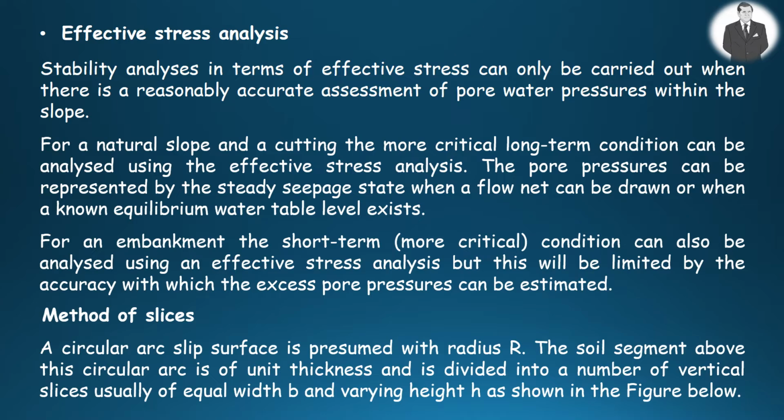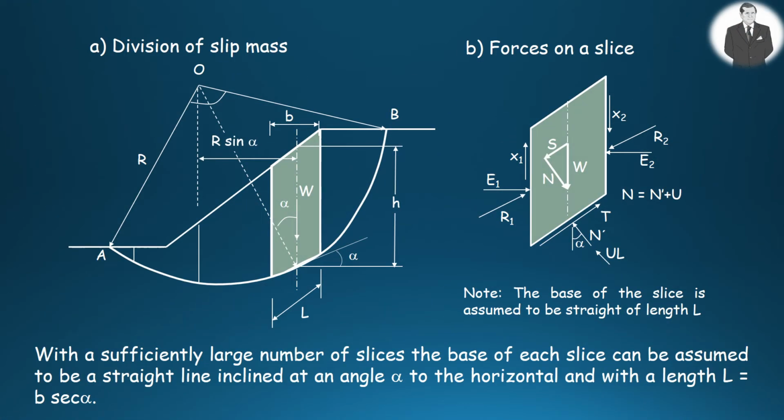A circular arc slip surface is assumed with radius r. The soil segment above the circular arc is of unit thickness and divided into a number of vertical slices, generally of equal width and varying height, as shown in the following figure. In the figure on the left-hand side, you see the division of the sliding mass into several slices.